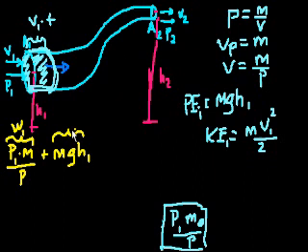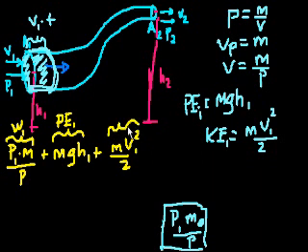So this is the potential energy input, plus the kinetic energy, mv1 squared over 2. So that is the kinetic energy input. And we know that this has to equal the energy coming out of the system.